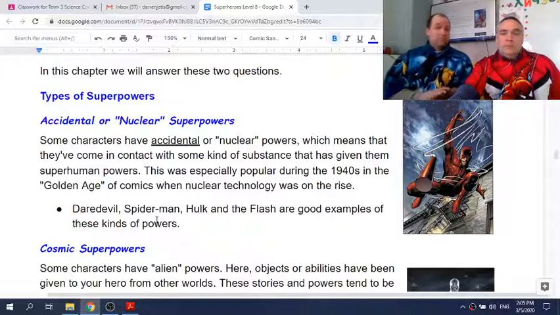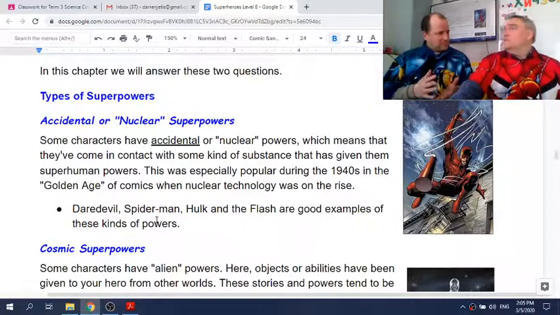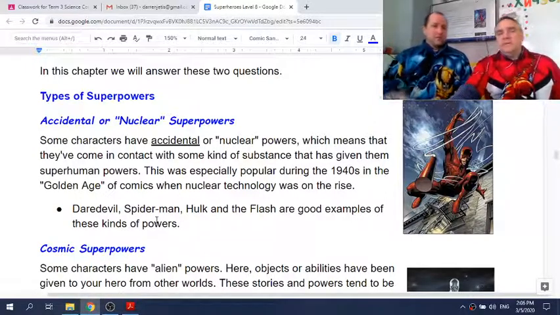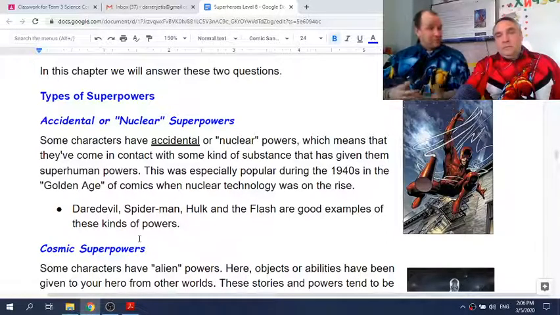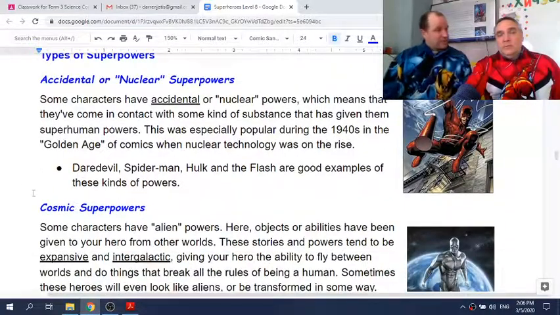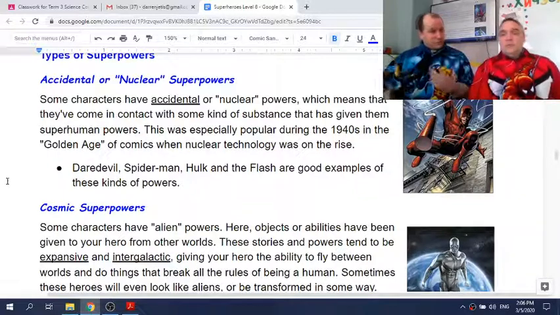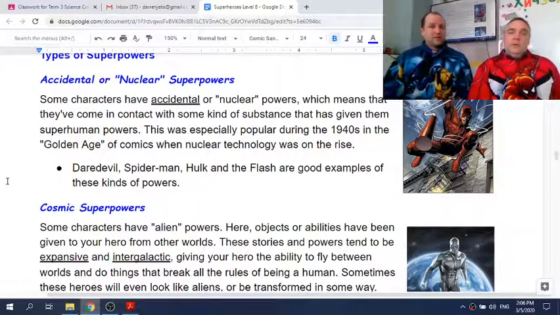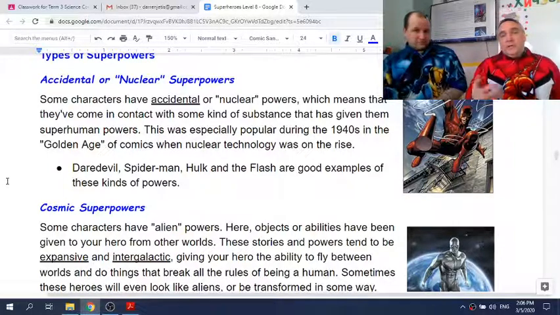The Hulk, probably the most famous of all, or Spider-Man. Spider-Man's pretty famous. Look at Spider-Man. There were radioactive spiders. Radioactivity comes from nuclear, right? And the radioactive spider went and bit Peter Parker, and Peter Parker transformed into Spider-Man. And with the Hulk, Bruce Banner, he does some studies.